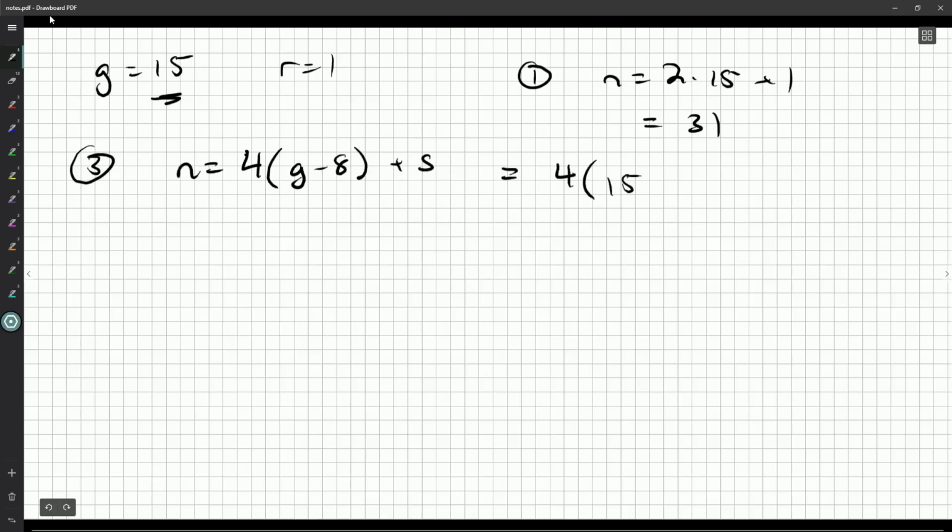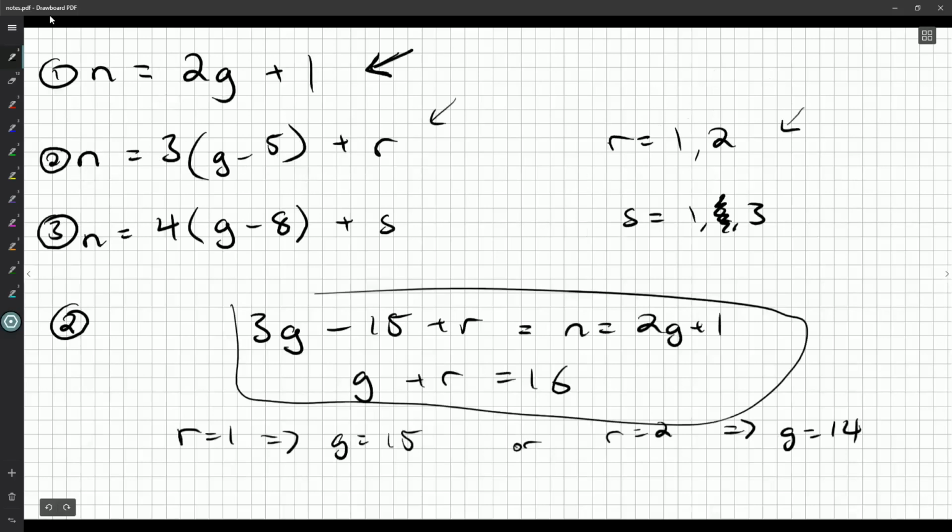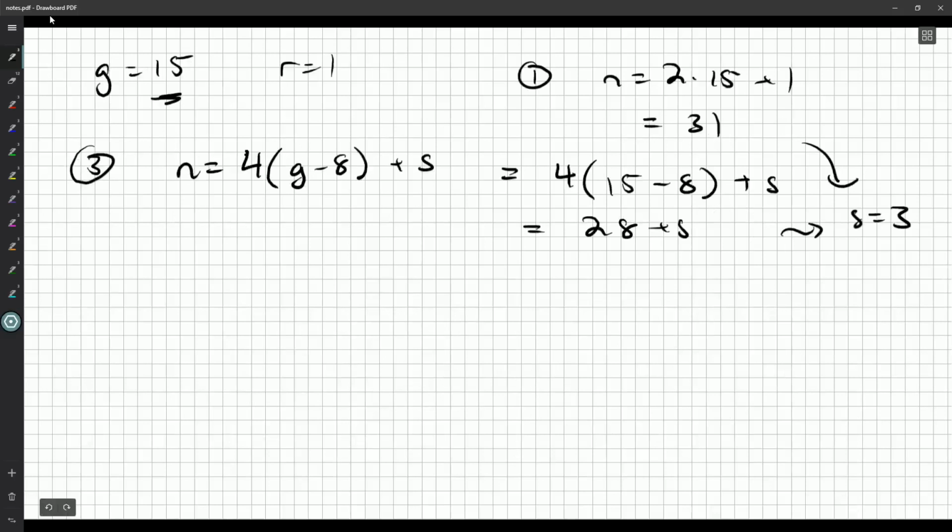Let's do 4 times 15 minus 8 plus s, and that would be 4 times 7, 28 plus s. For these two to be true, s has to be 3. But that's allowable, so maybe n is 31?